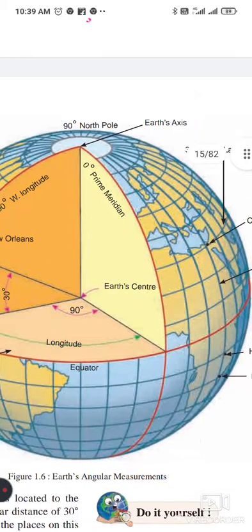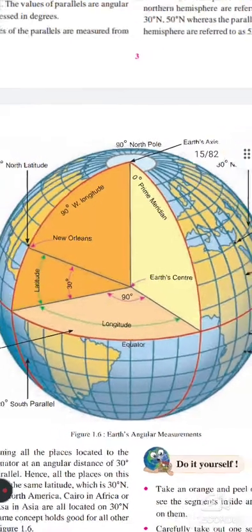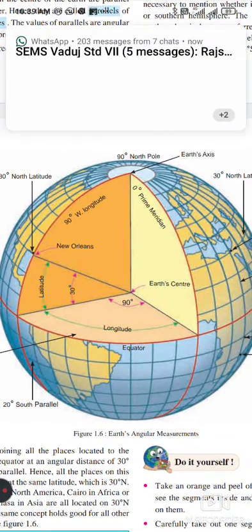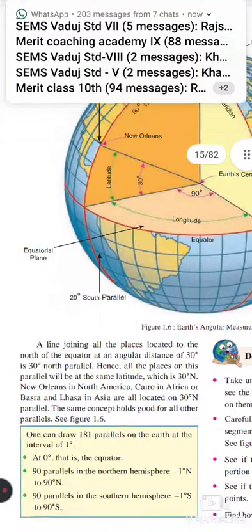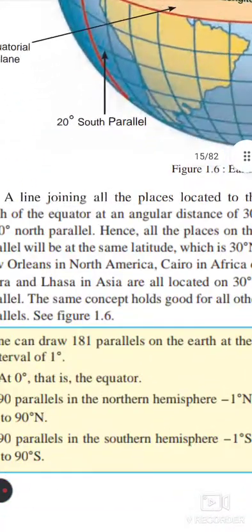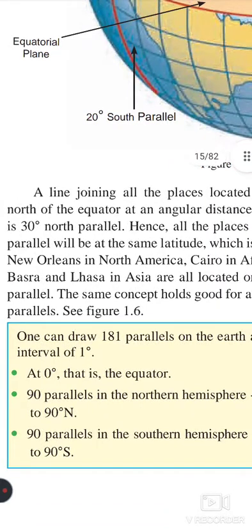Okay, so through these imaginary lines of degrees, longitude and latitude, we identify the location of any place or a person on the earth. So we draw 181 parallels on the earth at intervals of 1 degree. 0 degree is the equator line.